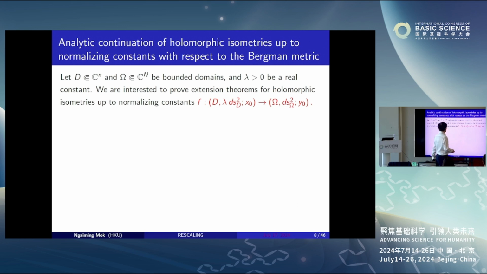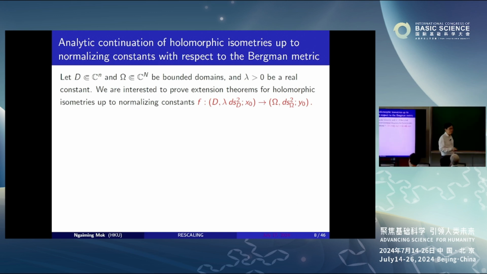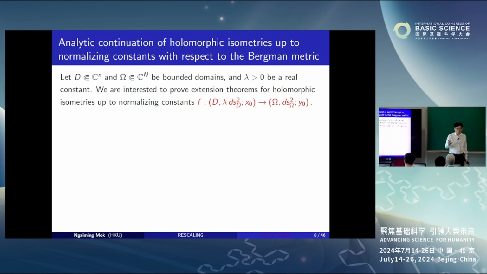Okay, then now let me address the question of analytic continuation of holomorphic isometries. I learned to try to treat this problem. So the question is, if I am given a germ of holomorphic isometry, let's say between 2 bounded domains, in particular between 2 bounded symmetric domains, can I analytically extend it?